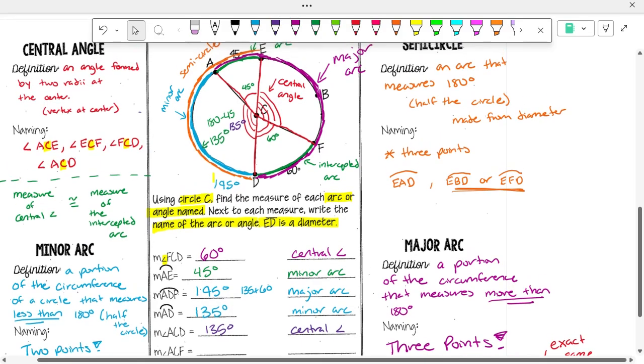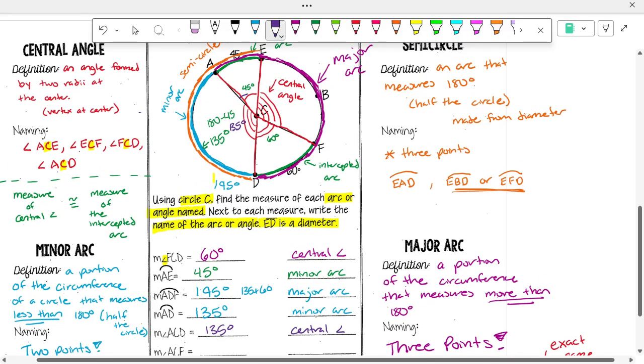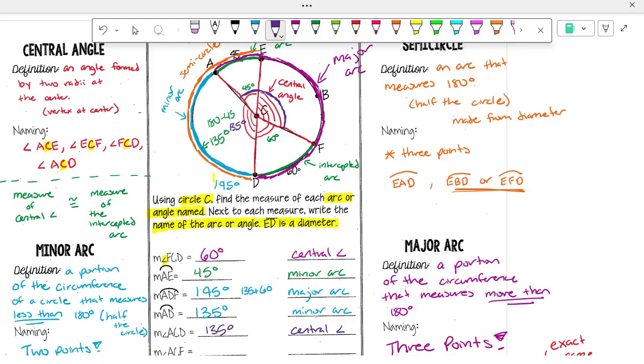Now, what about angle ACF? So this big angle right here. How do you think I would find that? You're trying to find ECF, which you could do, but there's actually an easier way given the information we already know.